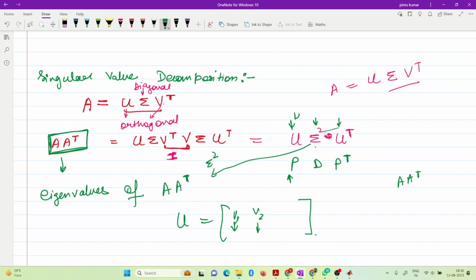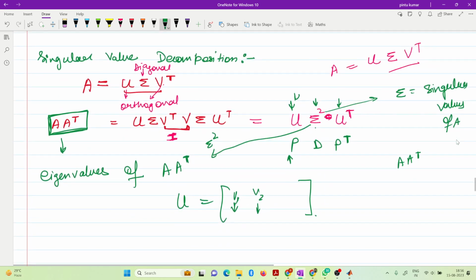So what is my sigma? Sigma is the singular values of A, because sigma was the square root of these eigenvalues.